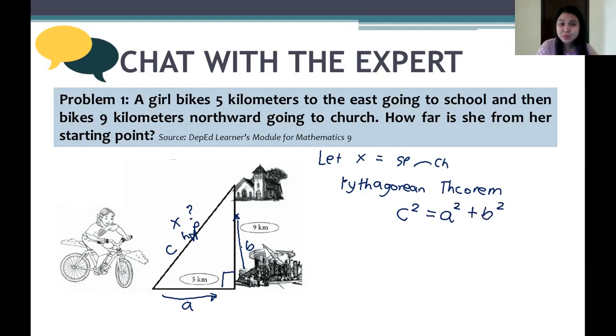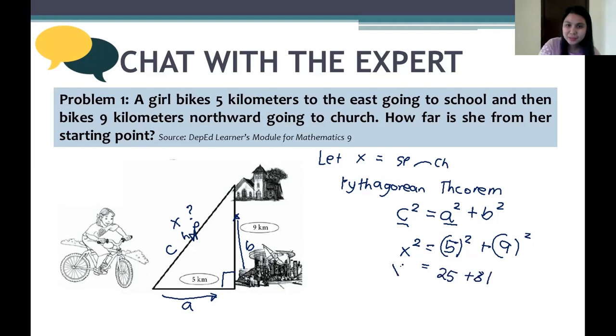Let's substitute. What is the hypotenuse? X. So x squared. What is the first leg? 5. You square it. Plus, what's the second leg? 9. You square it. So we now have 25 plus 81 because x squared. So x squared is equal to 106.